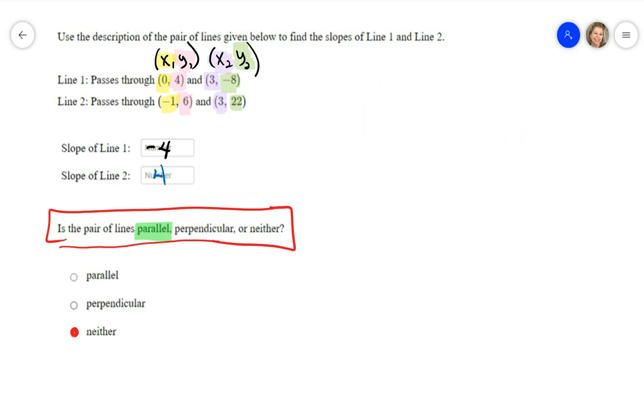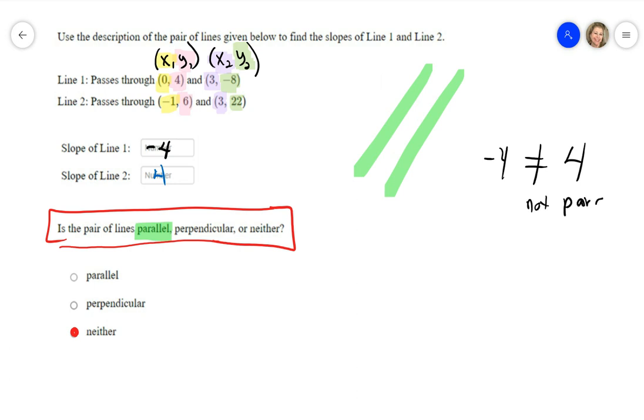Parallel lines would be a line that runs parallel to another line. They would have the same slopes. These are not the same. Negative 4 does not equal positive 4. So they are not parallel.